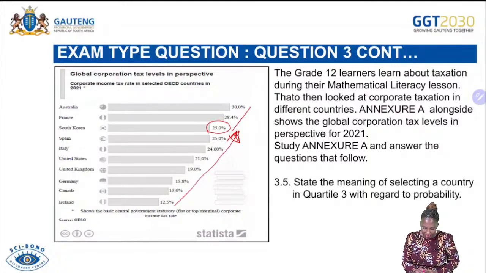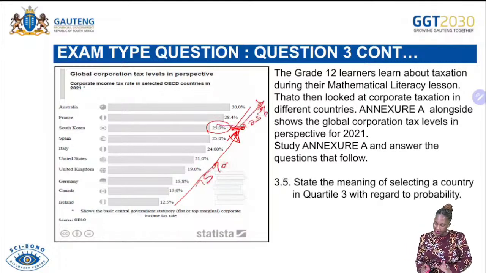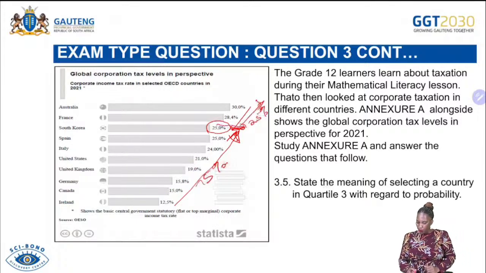So going down here it is 75%, and going up from the upper quartile it is 25%. So when you say state the meaning, the probability of selecting that, 25% of the data set is above the upper quartile, and 75% is below.